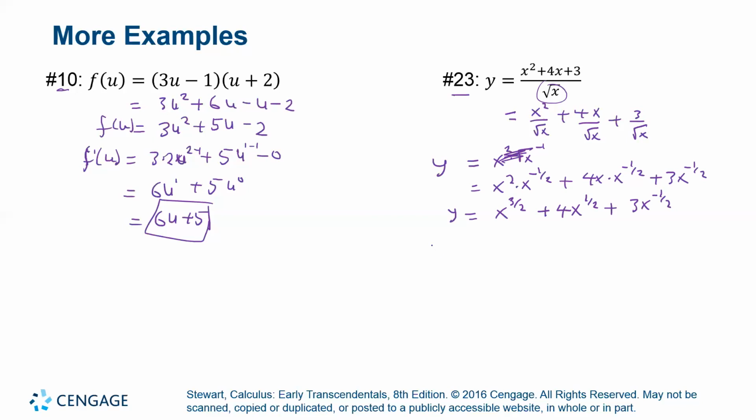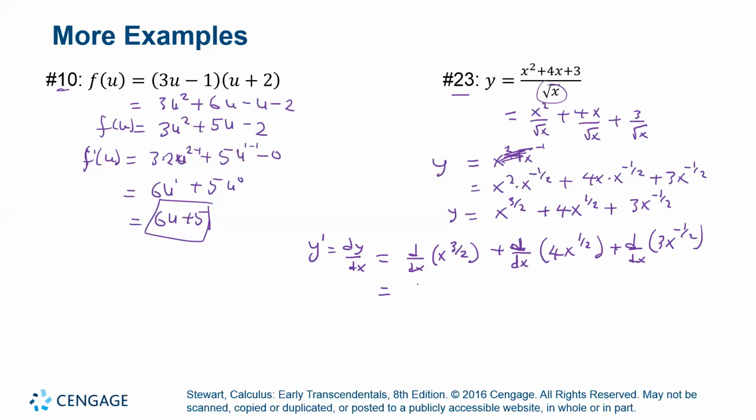If I differentiate each of them, so what is your y prime? Or which is the same as dy over dx. Okay, differentiate each of the terms. So that is the derivative of x to 3/2 plus the derivative of 4x to the 1/2, then plus the derivative of 3 times x raised to the negative 1/2.